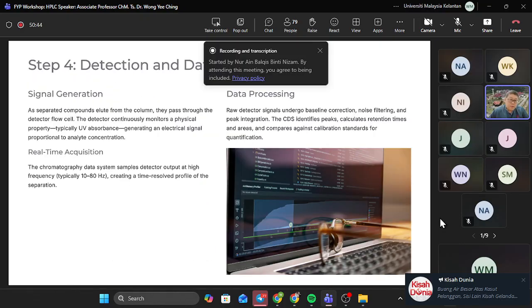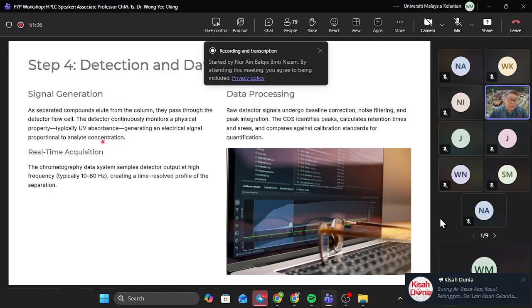So last but not least, you start to detect whatever is coming out from the end of your column. The compound will basically be detected by generating a signal. Whatever compound comes out, you use a detector, UV-Vis in this case, and from here you get the signal from the detector.